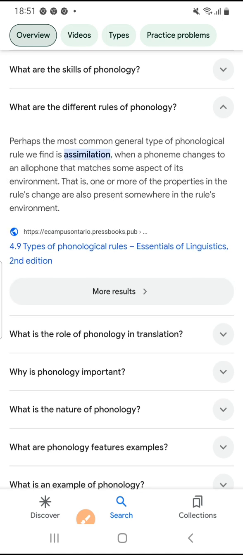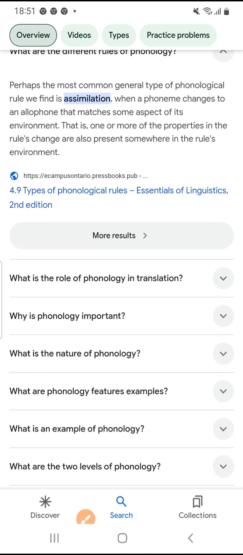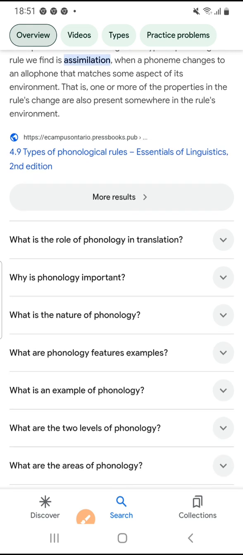Now, the different rules of phonology. Perhaps the most common general type of phonological rule we find is assimilation, when a phoneme changes to an allophone that matches some aspect of its environment, that is, one or more properties in the rule change as also present somewhere.